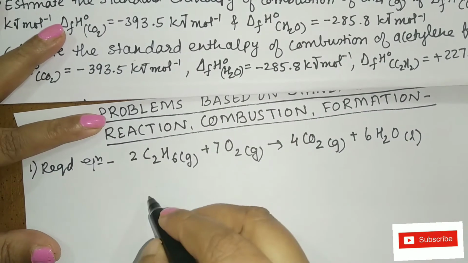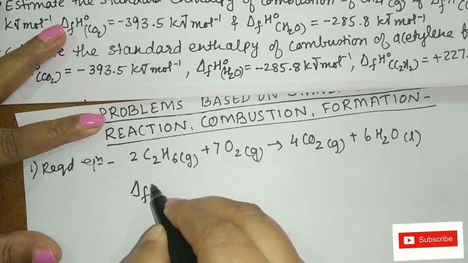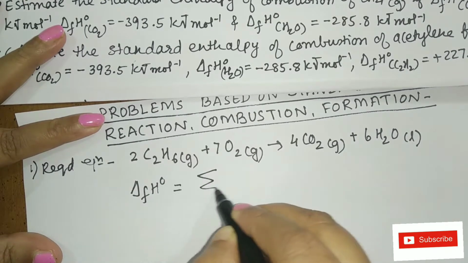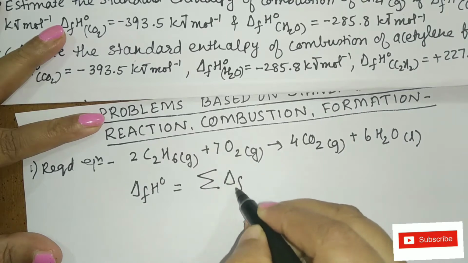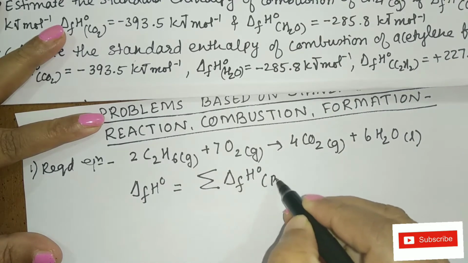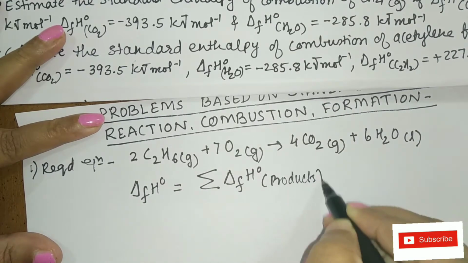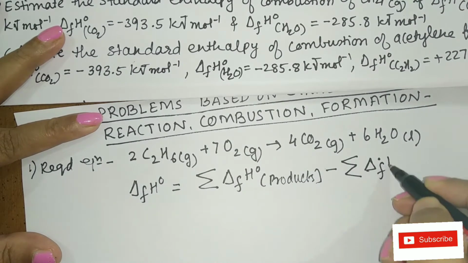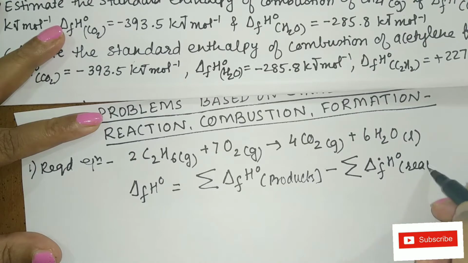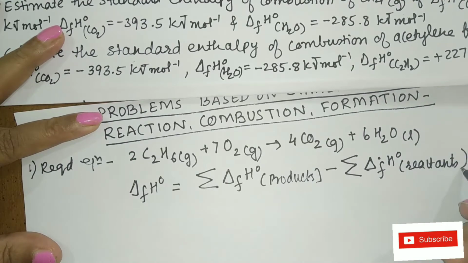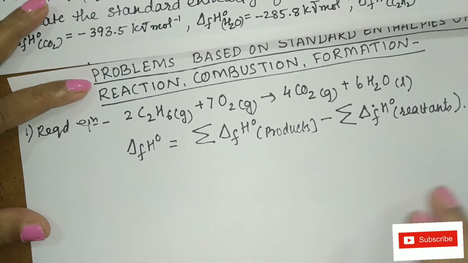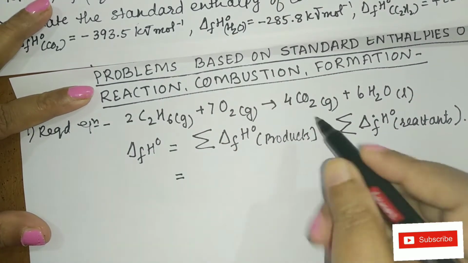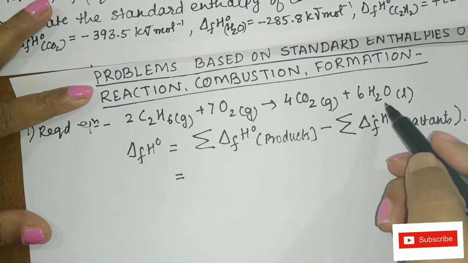So what is the formula here? The standard enthalpy of reaction is equal to the summation of the standard enthalpies of formation of the products minus the summation of the standard enthalpies of formation of the reactants. So let us write in this format only. If you see, this is 4 times and this is 6 times.